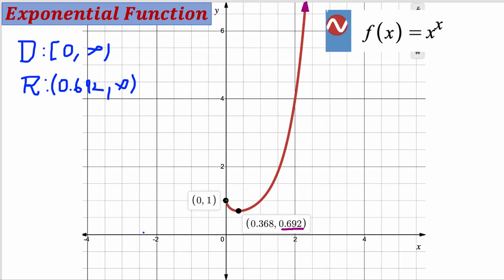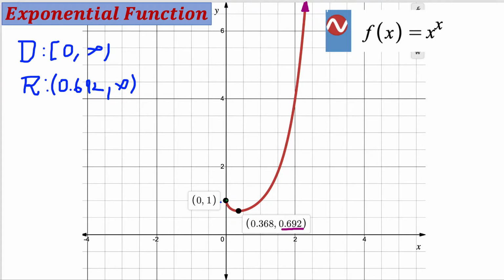Whenever we have those complex numbers, the function is going to be discontinuous at all the points where the values are complex numbers, and those complex numbers are not going to show in the real plane. That's why we don't have the graph from minus infinity to 0, and the only continuous graph that we have is from 0 to infinity.